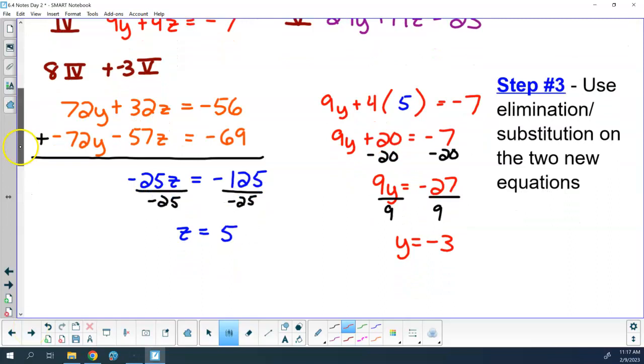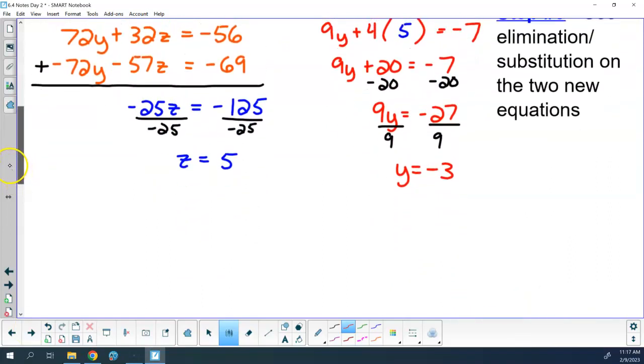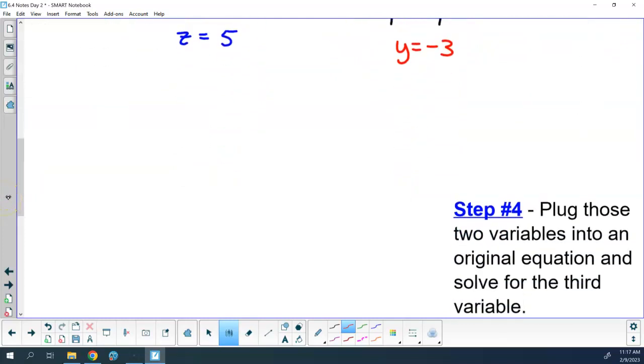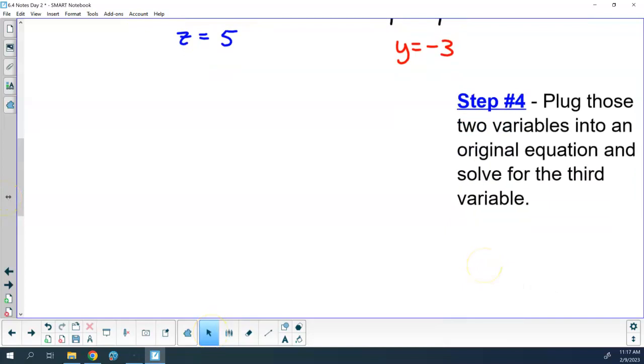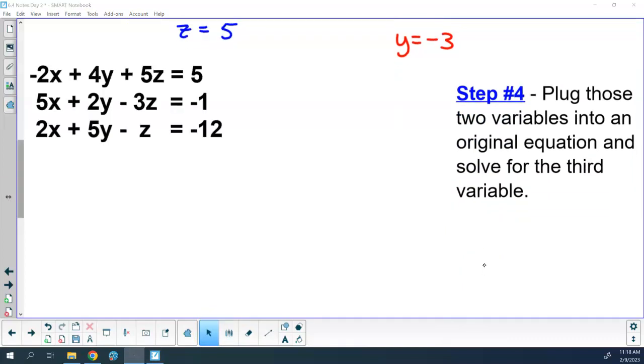Step 4. Plug those two into one of my original equations. First, second, or third? Second.